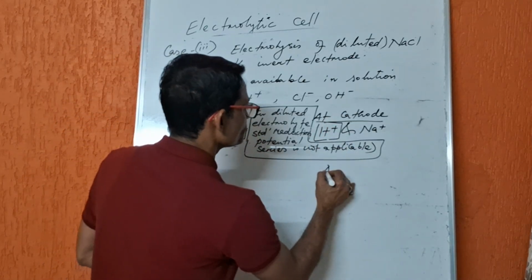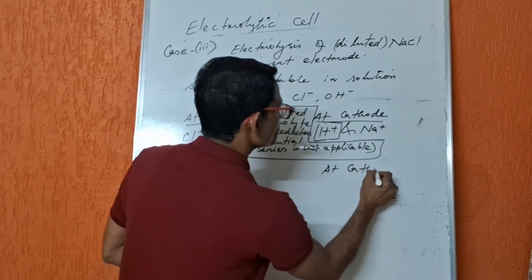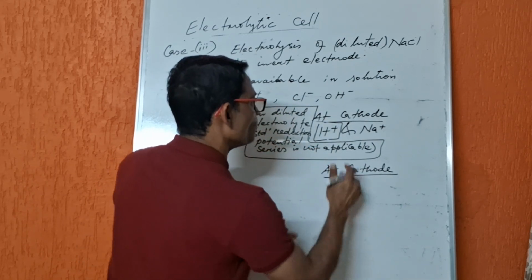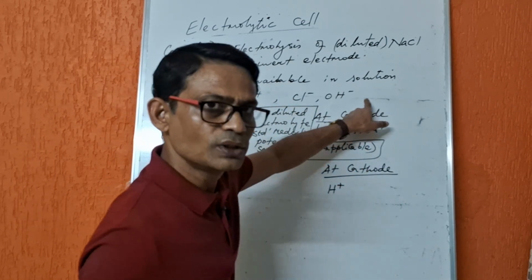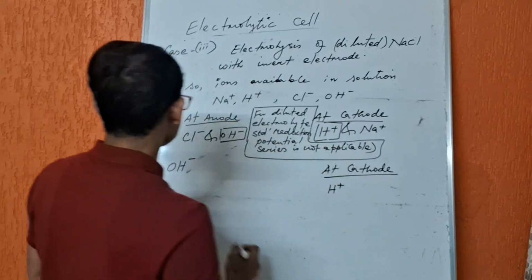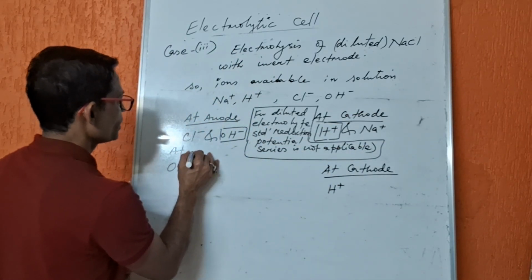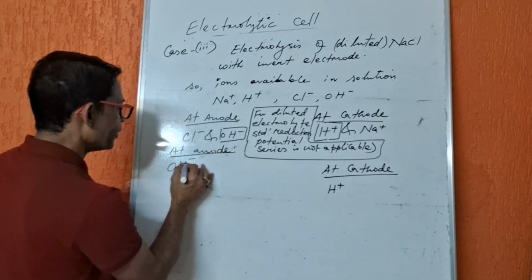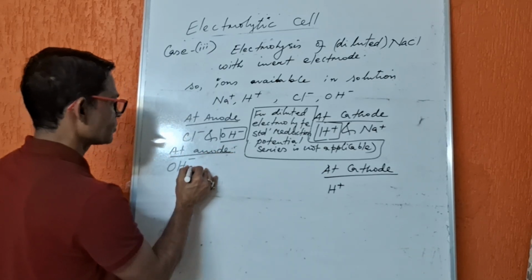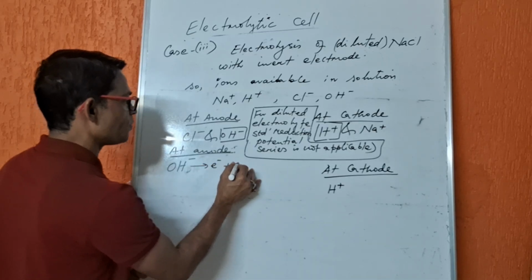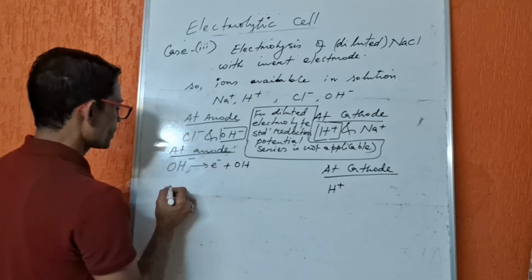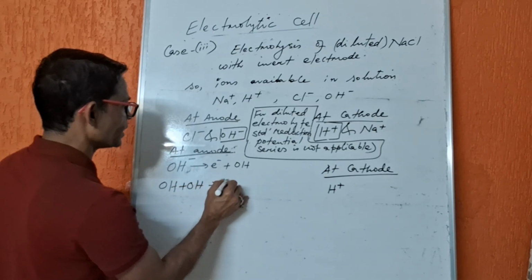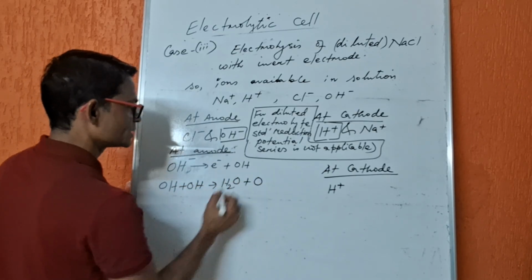At the cathode, H plus will move towards the cathode and reduce. So at the anode, OH minus will lose an electron and form OH. OH plus OH gives H2O and oxygen.